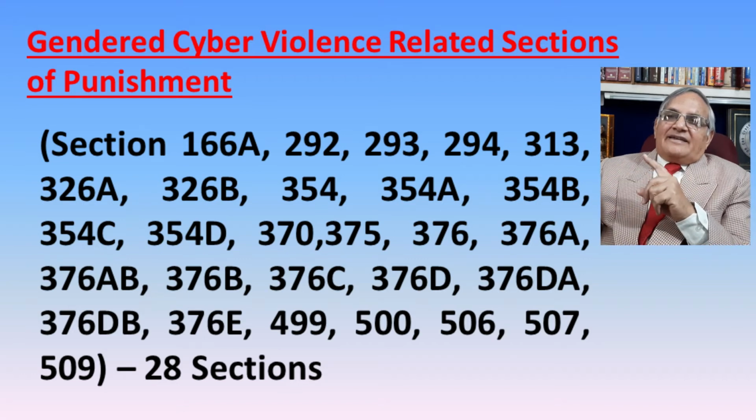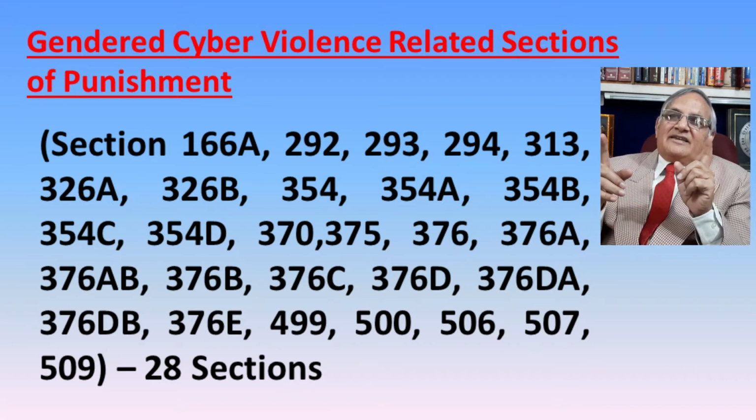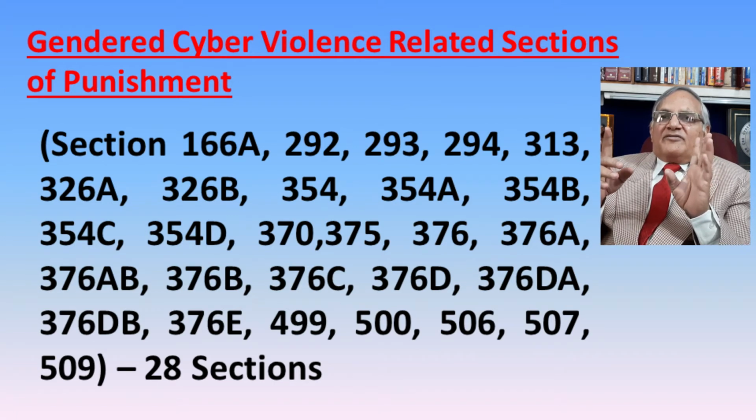So the IT Act mentions it, but in 354D also they have specially mentioned that if anybody monitors the use by women of the internet, email or any other form of electronic communication, he commits the offense of stalking.